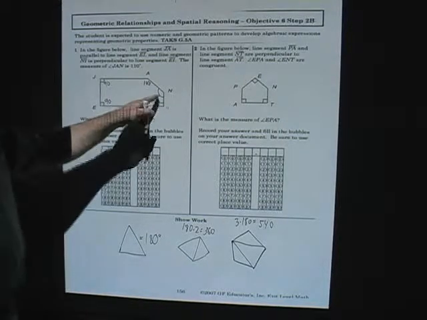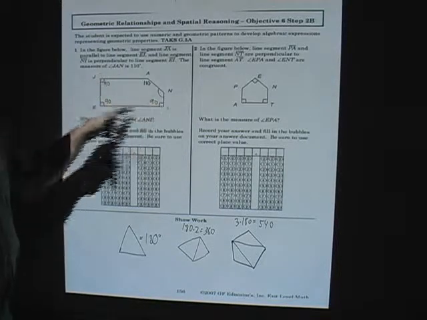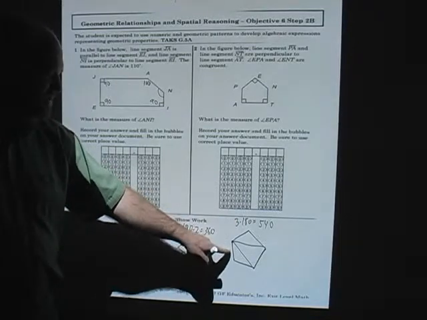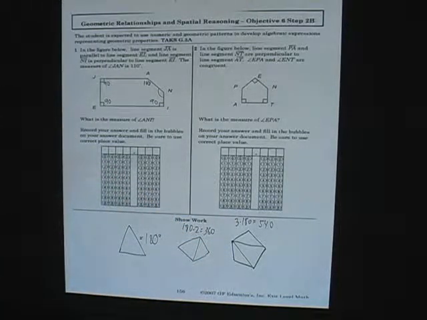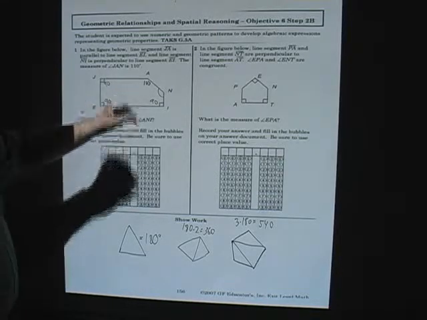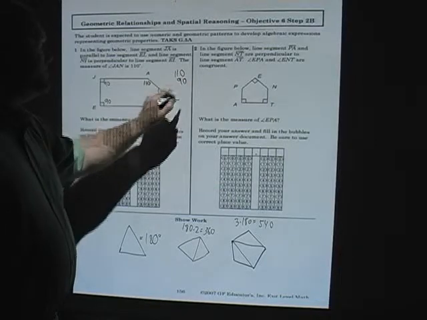So we just need to find this missing angle. Since it's a 5-sided figure, we know there needs to be a total of 540 degrees in these interior angles. We've got all our angles except one.